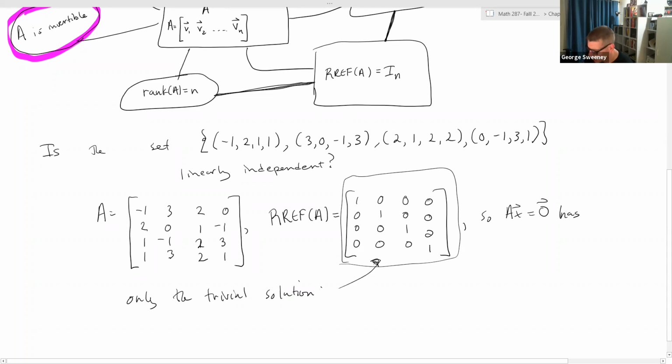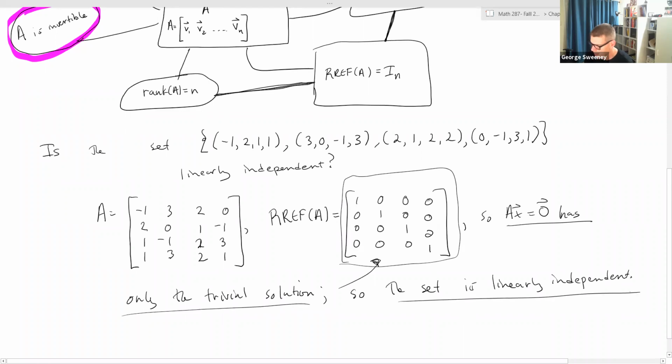Pivot in every column, only the trivial solution, so the set is linearly independent. You actually don't even need to say by the IMT, because these two are always equivalent: Ax = 0 has only the trivial solution, and the set is linearly independent.